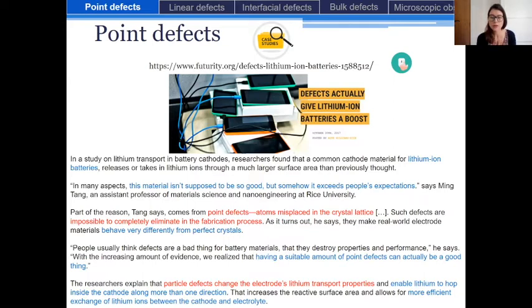And so there was a more efficient exchange of lithium ions between the cathode and electrolyte in this battery. So to summarize, by introducing or by having these point defects formed during the fabrication process of this battery, of this material, they observed better transport properties and so better performance for these electrodes.